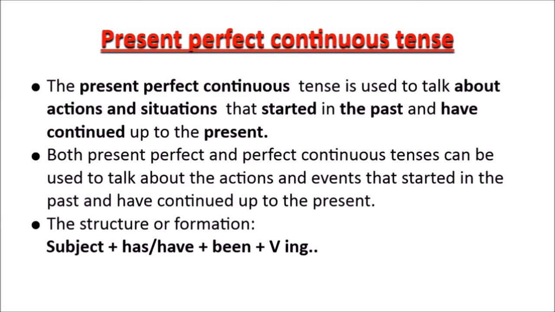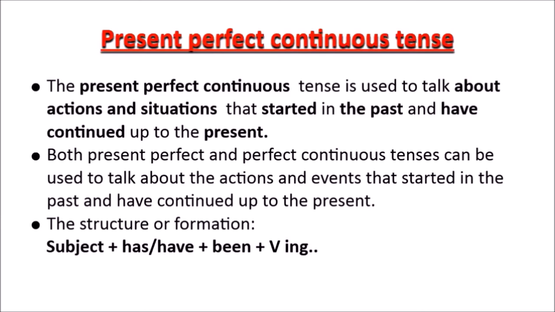Understand? So look at the next point. Both present perfect and perfect continuous tenses have been or can be used to talk about the actions and events that started in the past and have continued up to the present.